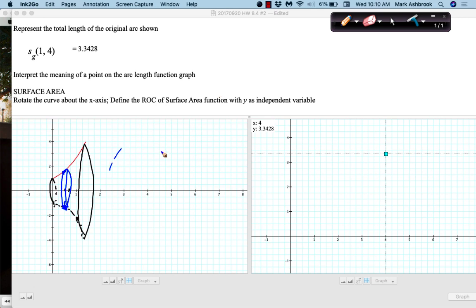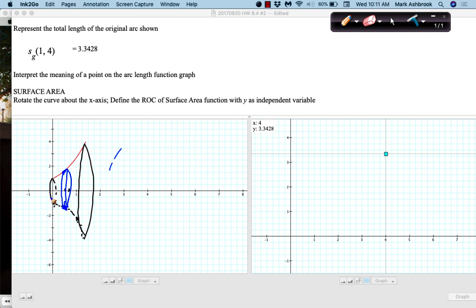Okay, so now this is the image that we have. We're going to accumulate surface area by watching these ribbons grow in the current interval. So I want you to define the rate of change of surface area with y as the independent variable.